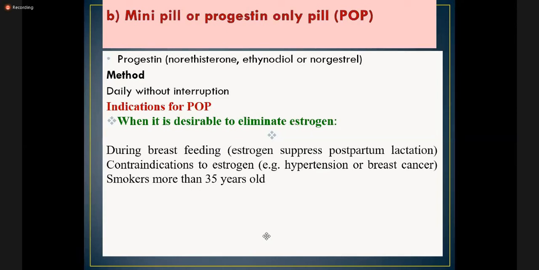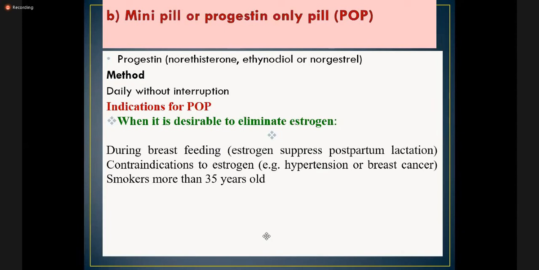And the method: in the combination pills we use monophasic, biphasic, or triphasic preparations, and in all of them there is a gap of 7 days. But if a female is on the mini pill or progestin-only pill, there is no gap. They have to take it continuously without any gap.